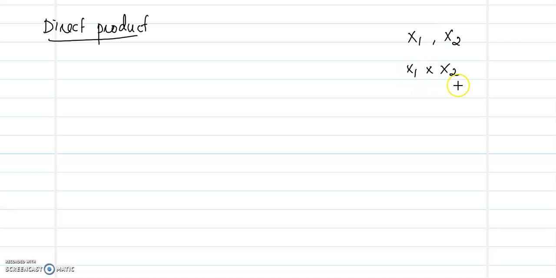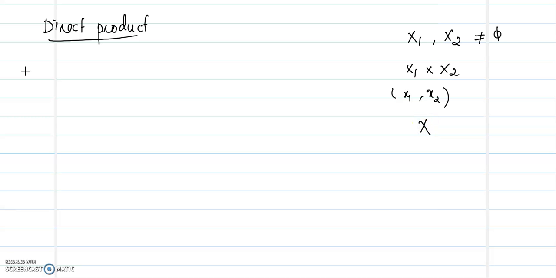By the product X1 times X2 we mean the collection of all ordered pairs such that the first element belongs to the set X1 and the second element belongs to the set X2. Each of the sets X1 and X2 must be non-empty. Now this can be extended to any number of indices. That product is called the direct product.